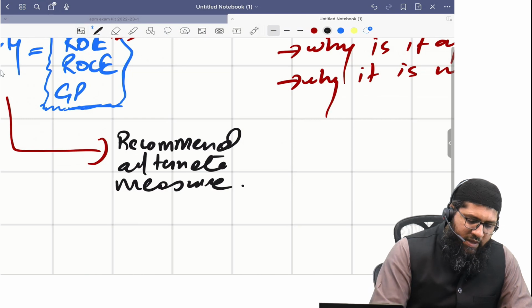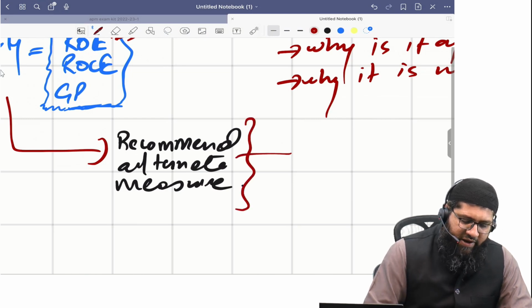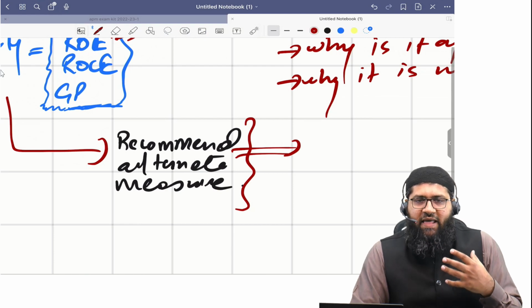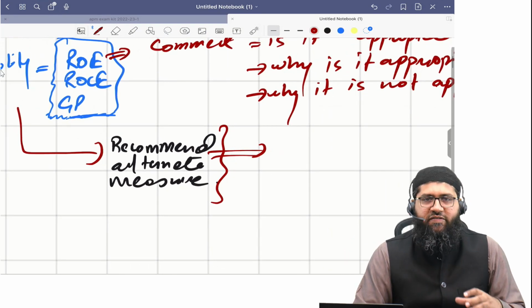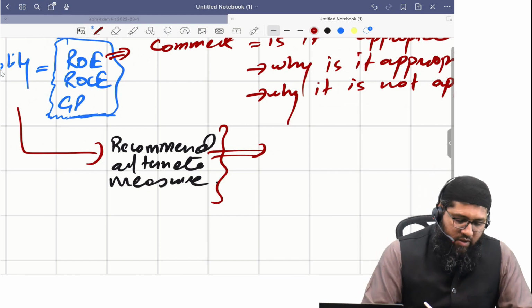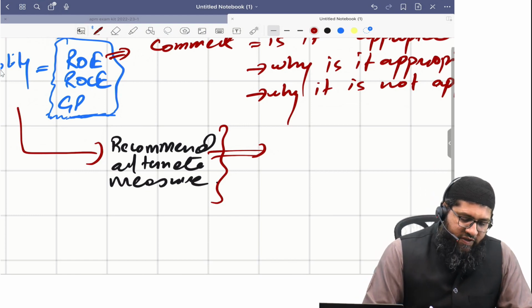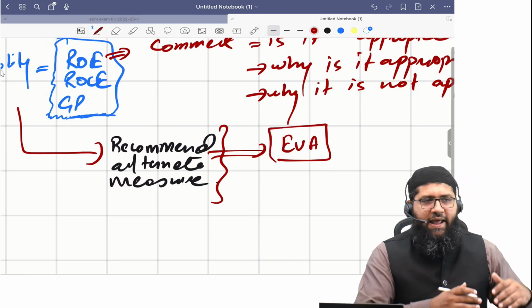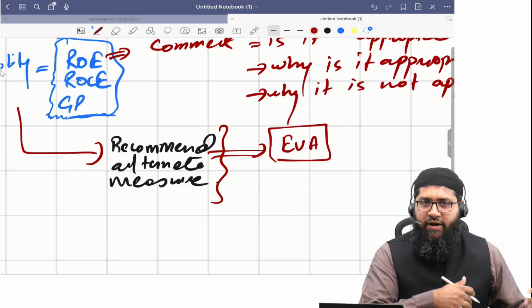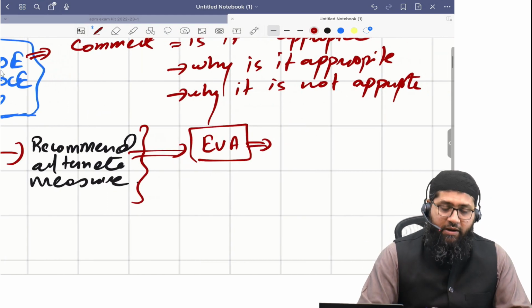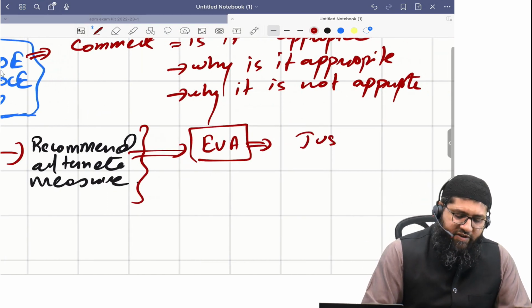What exactly do you mean by recommending the alternate measures? It means the examiner is expecting you to suggest additional measures, extra measures that could be there. Maybe if you talk about the shareholders, you might be suggesting economic value added as a measure. But if you suggest economic value added as a measure, then you would also be justifying it.